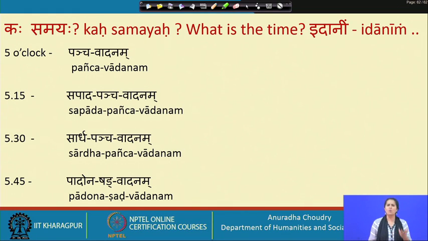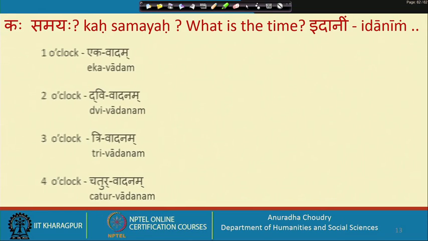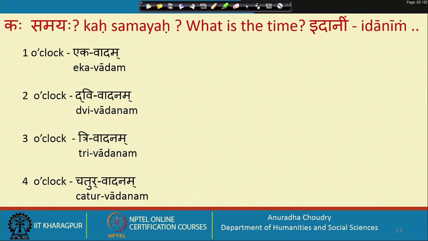Uttamam. So, how would you say quarter less or quarter to 7? Padona sapta vadanam. Quarter to 8? Padona ashta vadanam. Uttamam. So, now how does one say 1 o'clock?